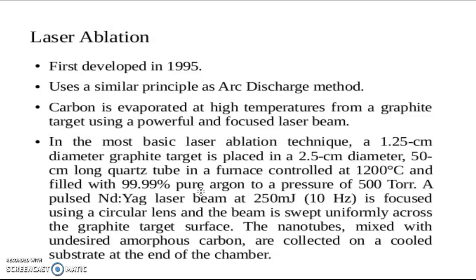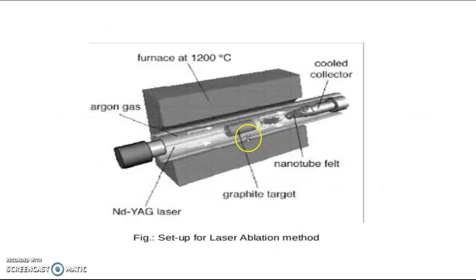Next one is the laser ablation method. It was developed in the year 1995. This is the apparatus setup for the laser ablation method, in which the chamber is also filled with argon gas, an inert gas, in order to avoid abnormal reactions inside this furnace. The furnace is maintained at a temperature of 1200 degrees Celsius, and this is the graphite target.